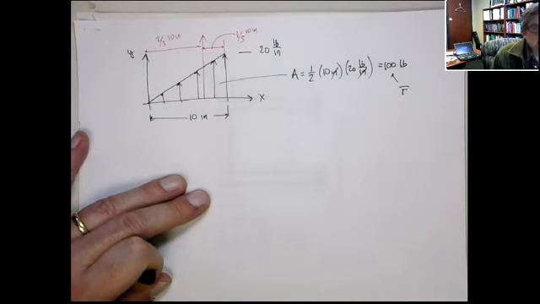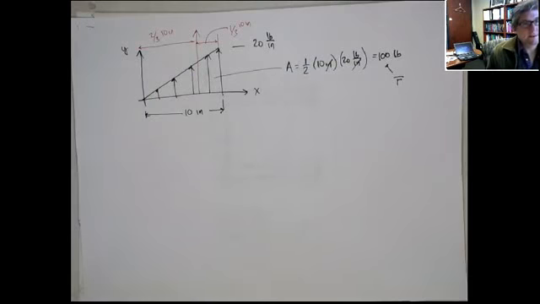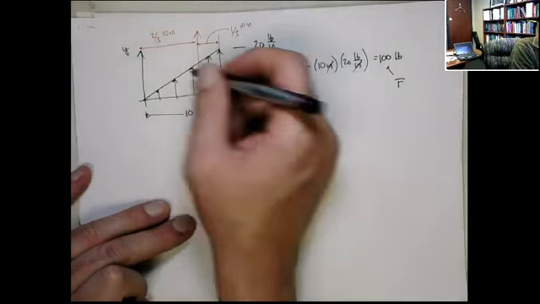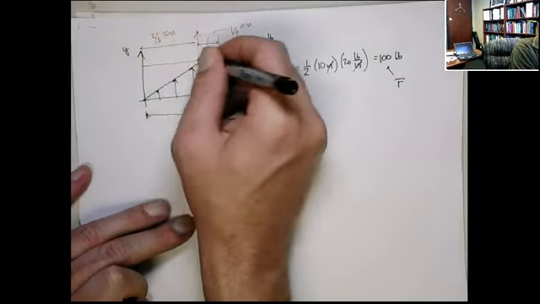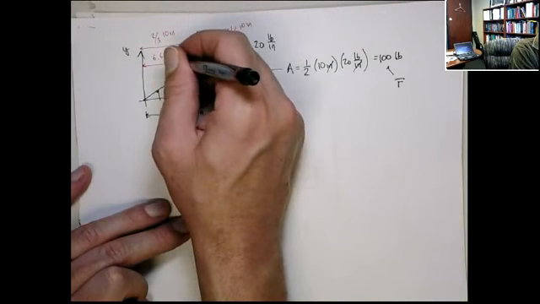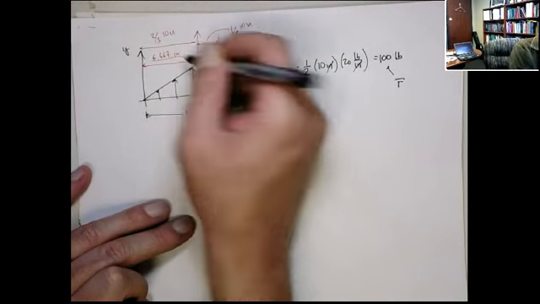So that's the location, right? So that would be this edge, 2/3, that's 6.67 inches.